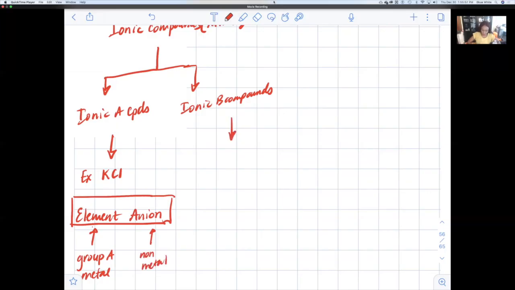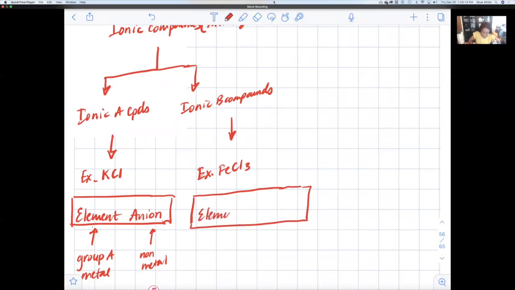Example of an ionic B compound here is FeCl3. With this one, when you're looking at the template of nomenclature, I'm becoming aware of space and how I'm running out of it. I'm just going to write this smaller. You're going to have element, charge, and anion.